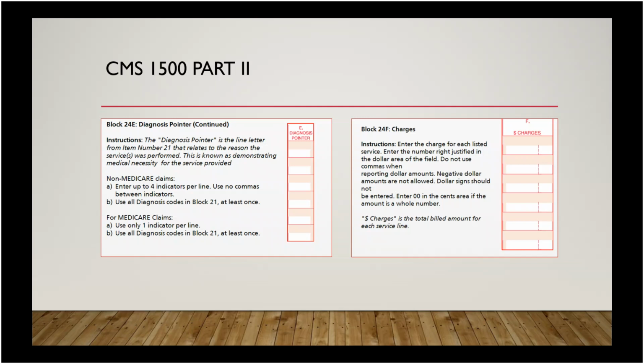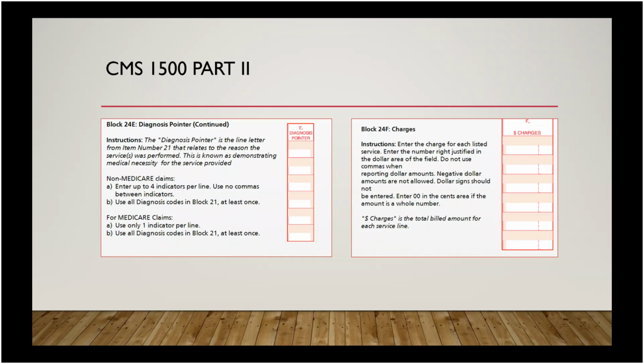Use all diagnosis codes in 21 at least once. It doesn't necessarily mean you're going to use it one time; it means that you can use it one time. They want you to utilize every code that you have up there for a certain reason that you're assigning. Some of the health status codes aren't going to be assigned a HCPCS or a CPT.